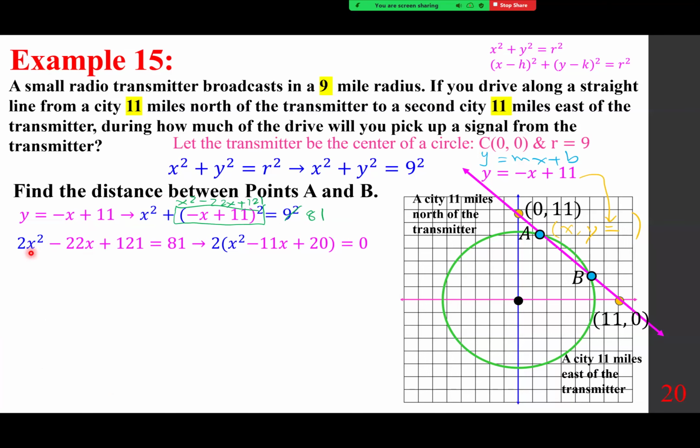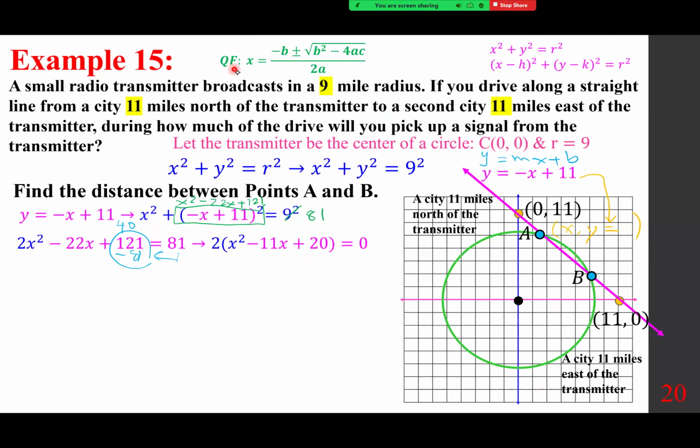We want to solve for x, so we bring 81 to this side, and it becomes minus 81. And that becomes 40. Now, if I factor the 2 out, I get x squared minus 11x plus 20. Now I want two numbers whose product is 20 and whose sum is minus 11, and I don't have such numbers. I have to go with the quadratic formula.